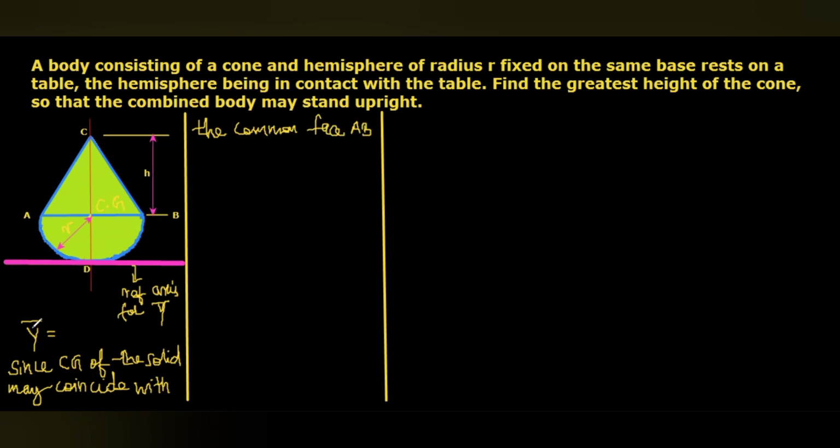So we know that for this condition, y bar, the distance of the CG from the reference axis, will be equal to the radius. So here we know the value of y bar, and we are going to find the maximum height of the right circular cone. As usual, by using the center of gravity concept, we are going to split the solid into two segments. The hemisphere is the first segment, and the right circular cone is the second segment.